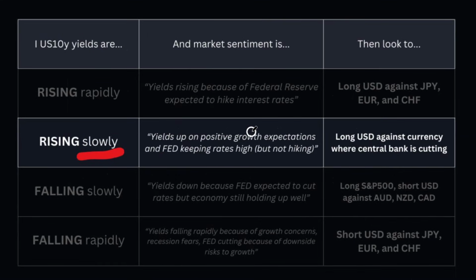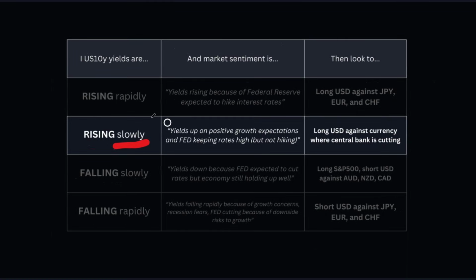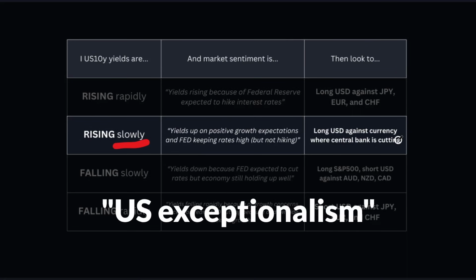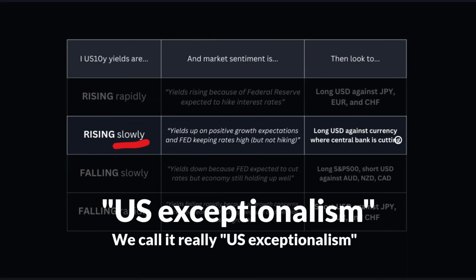They're just keeping interest rates high because the economy can handle it. Now, yields are up, positive growth expectations, and the Fed keeping rates high but not hiking. Maybe they are hiking very slowly, 25 basis points here and there at one meeting and the other, just definitely not the rising rapidly, okay? Now in this environment, the dollar is still king because this is the US exceptionalism context, where the US economy does well, interest rates are high, and if you think about it, there is no competition.